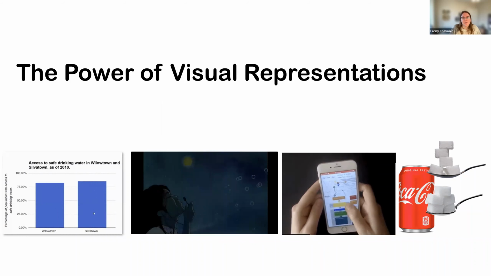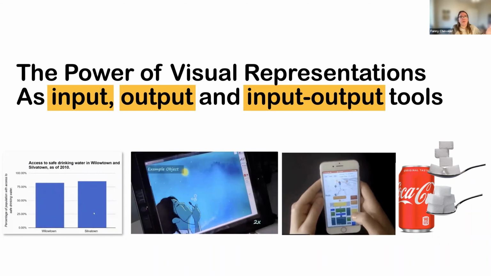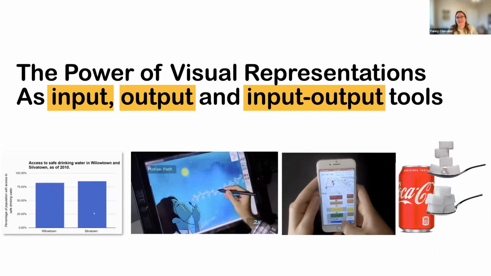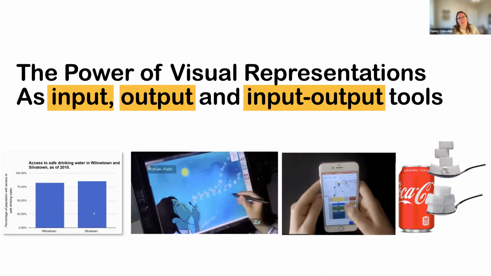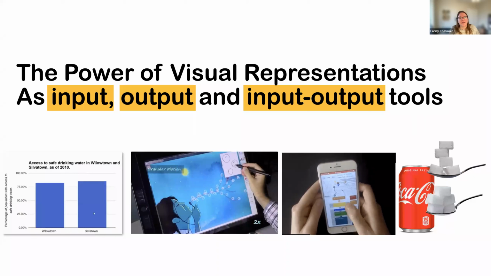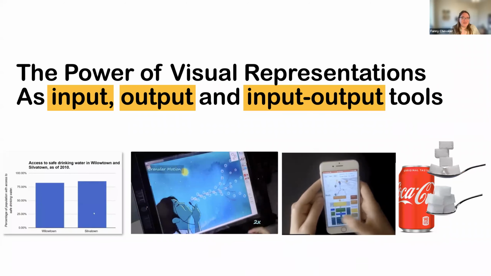And so we can use a visual representation as input, output, and input-output, I like to say. So really, we should leverage their power a little bit more in our interfaces, but it's not trivial.